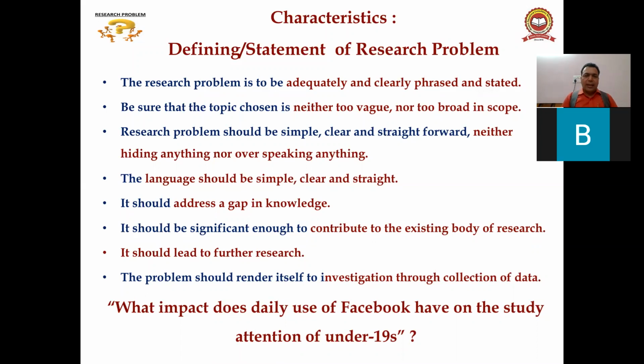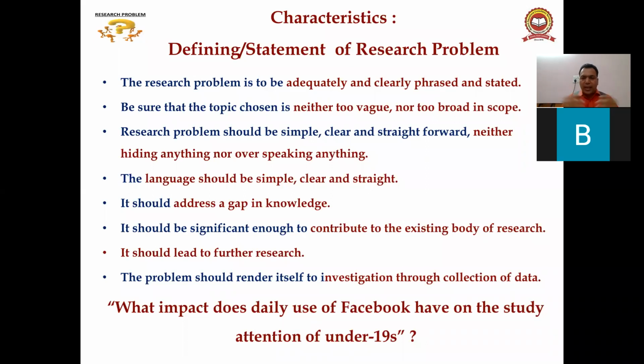Second, see the next bullet: be sure that the topic chosen is neither too vague nor too broad in scope. If it is vague or very broad, then you cannot do the research on that topic.